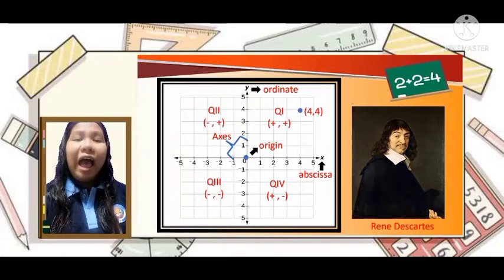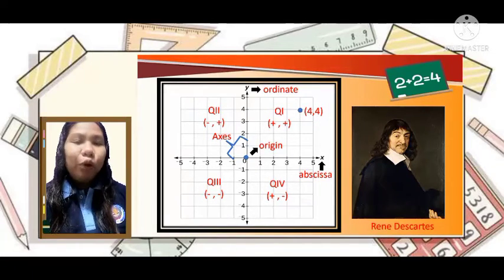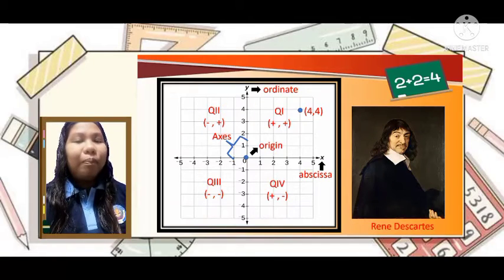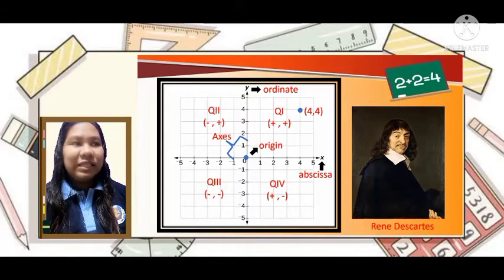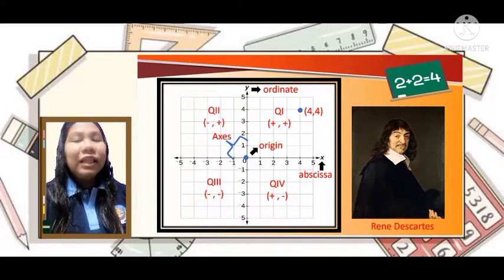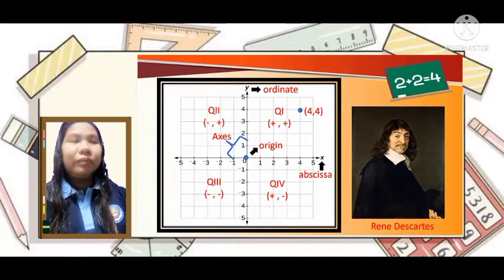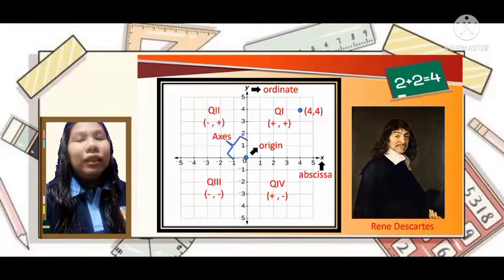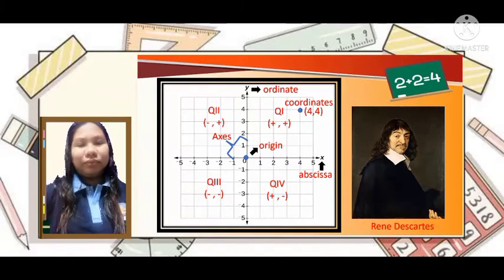Now, I have here an example of a point, (4, 4). We have positive 4 in the x-axis and positive 4 in the y-axis, and they are called the coordinates.